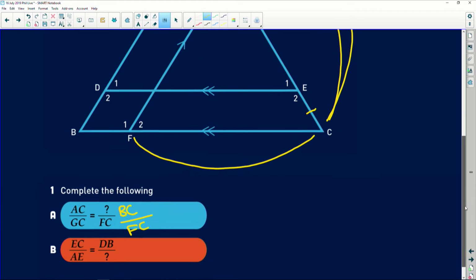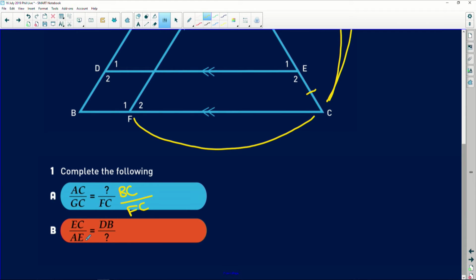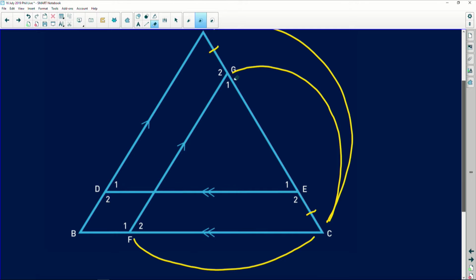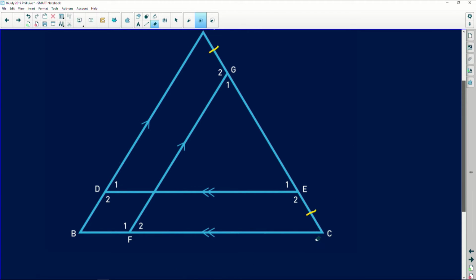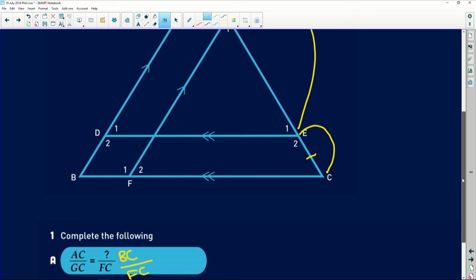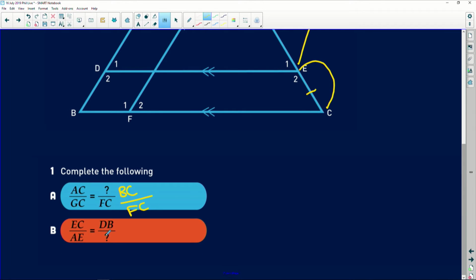Okay. Second ratio, EC over AE. Let's get rid of this. EC over AE. EC is here and AE is here. So we have little short side over another shorter side is equal to DB over what?